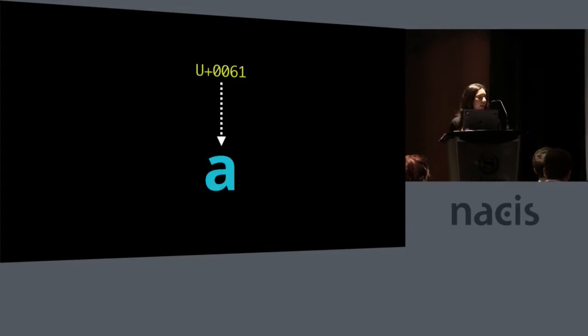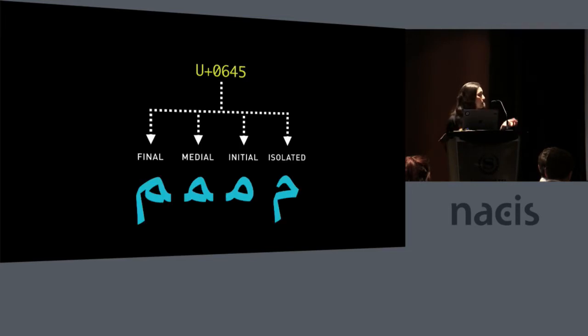A related topic to directionality and orientation is text shaping, which is the process of converting the Unicode code point to a glyph. For Latin, there's a one-to-one correspondence of code points to glyphs. Some scripts have more than one correspondence, like Arabic. The character has different visual forms depending on the position in a word, because Arabic script is cursive and the characters need to join with each other.